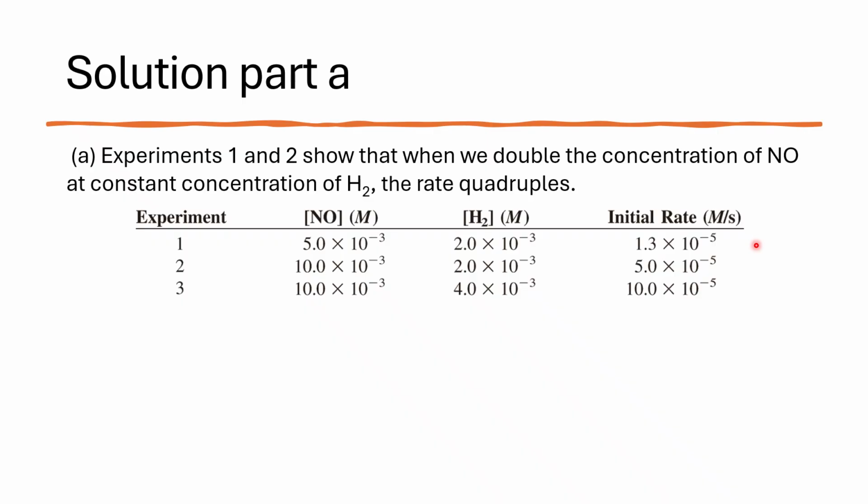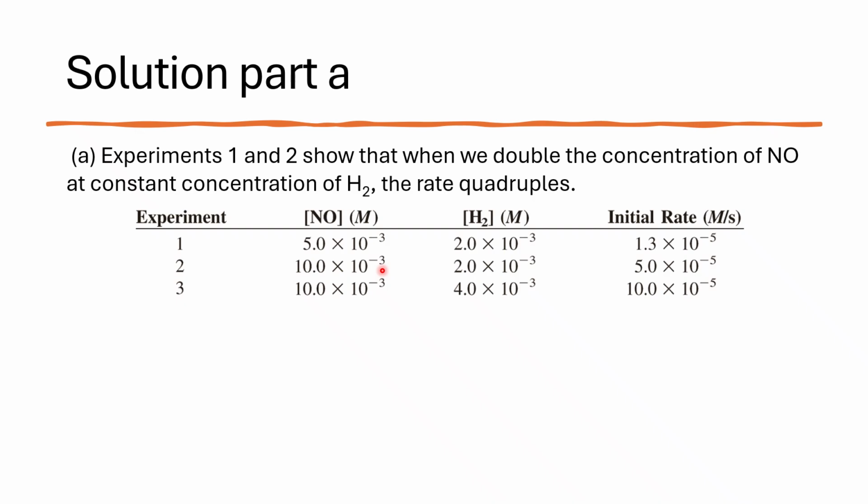So doubling the concentration quadruples the rate. We can express this exponentially. We can say 2, the doubling, raised to the second power equals 4, the quadrupling. That's how we know this is second order with respect to NO.